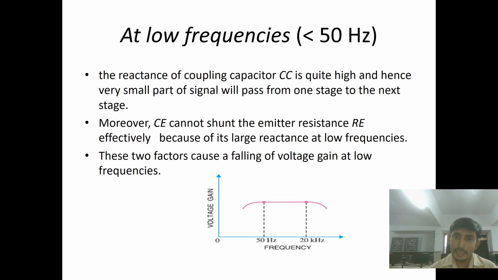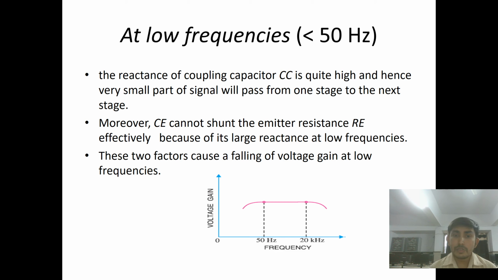Hence from one stage to the next stage, only a very small part of the signal will be passed. Therefore the gain will be reduced. The second reason is the other capacitor, the bypass capacitor.